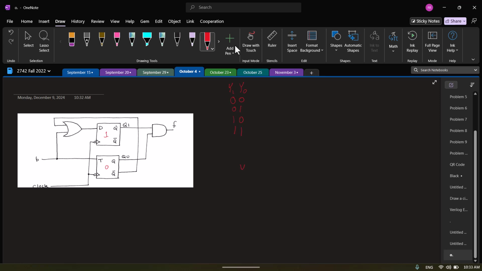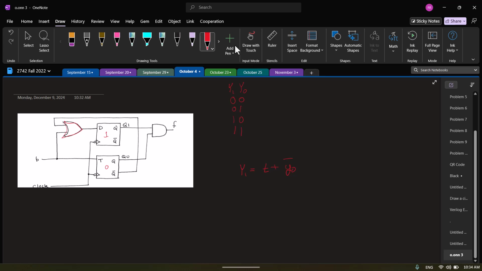So y1 equals the OR of t and not y0. Okay, we have this OR gate, and that's the not of y0. So y1 equals t or not y0.